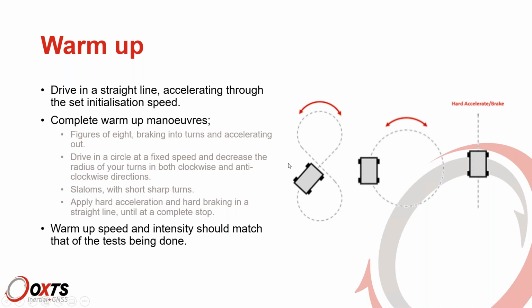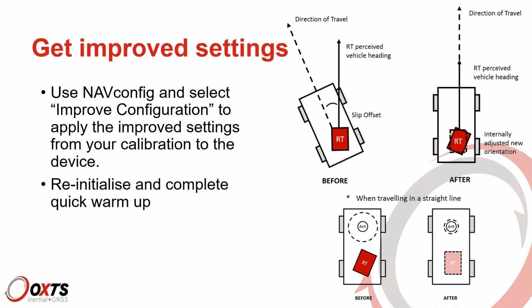You do that to suit the testing. If you're doing really high dynamic testing, do a high dynamic warm-up; if you do normal kind of testing, then that's the kind of speed you should be doing a warm-up at. Once you have done a warm-up, the next step is to get improved settings. This means that you save those tighter tolerances onto the unit's configuration, and next time you go to do a warm-up, it'll be a short, quick warm-up, just sensors.